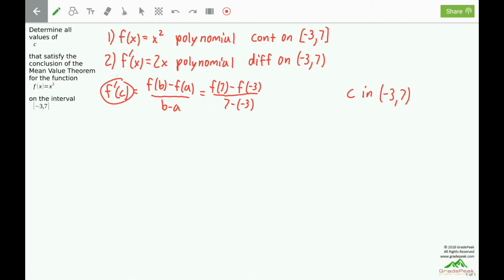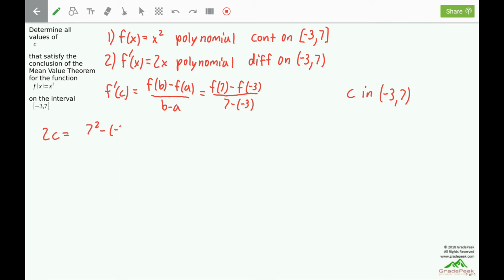F prime of c is found by plugging c into f prime of x. So the left side will be 2c. The right side will be f of 7 minus f of -3, found by plugging those into f of x.